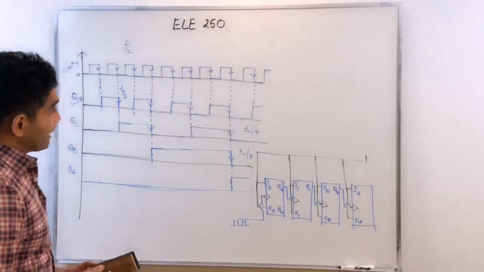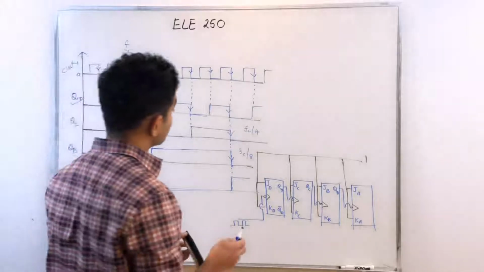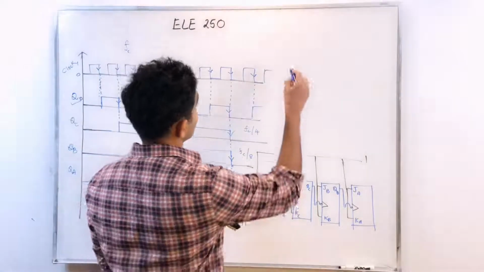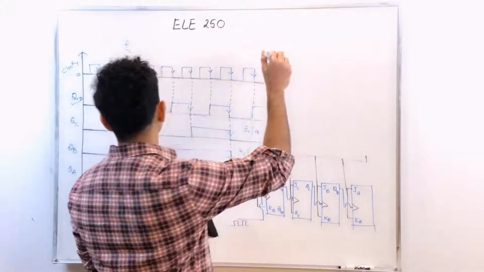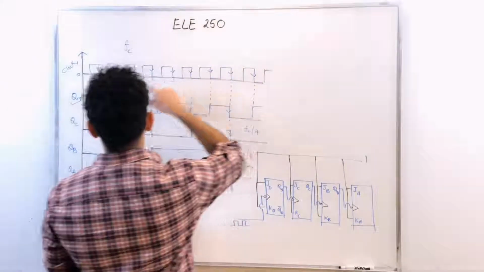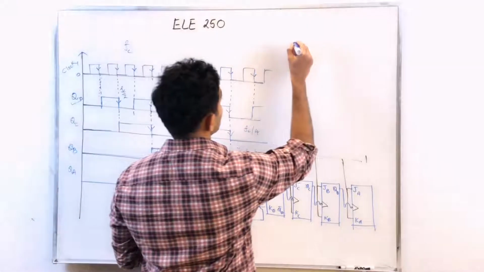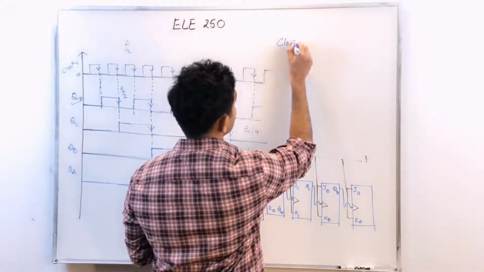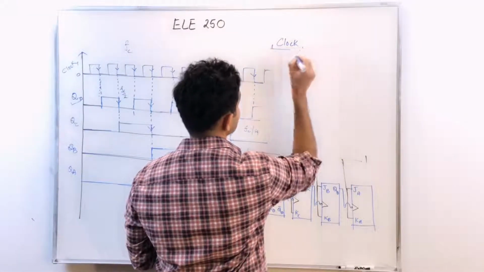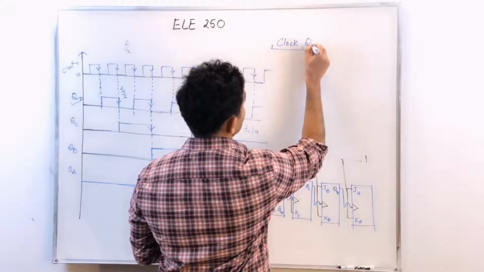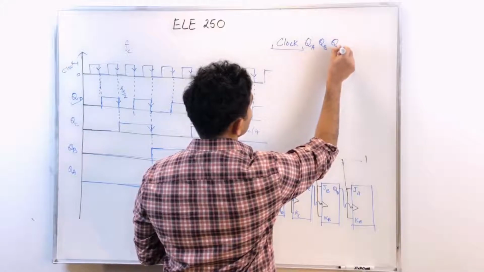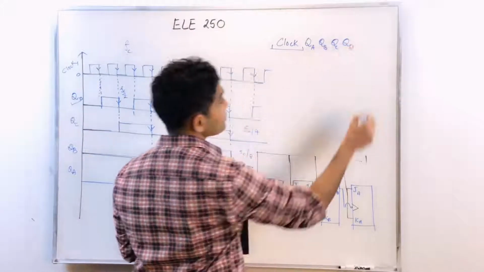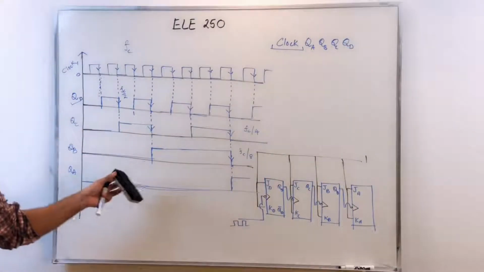Now what are the other applications? If I just tabulate what I'm having with respect to different clock cycles, let me call this the clock input, or the number of clock cycles elapsed. And then I note what my QA, QB, QC, QD values are with respect to this clock.